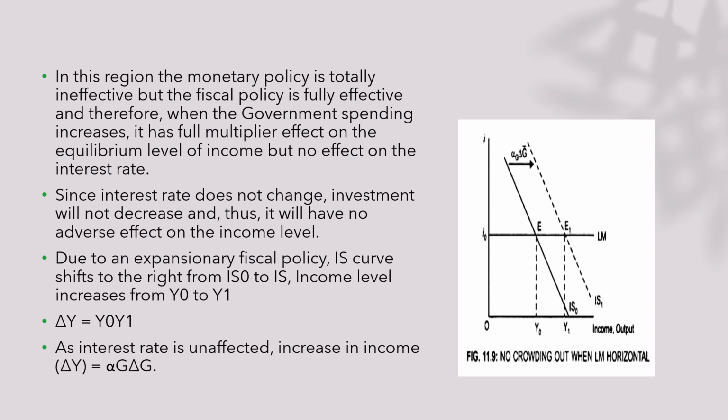Since the interest rate does not change, investment will not decrease. As a result, it will have no adverse effect on the income level. Due to an expansionary fiscal policy, the IS curve would shift right and the income level increases. So in this case, the interest rate is unaffected, but there is an increase in income. Okay.